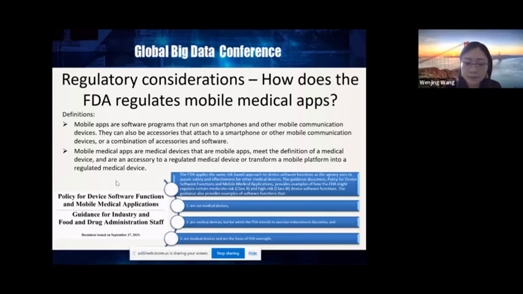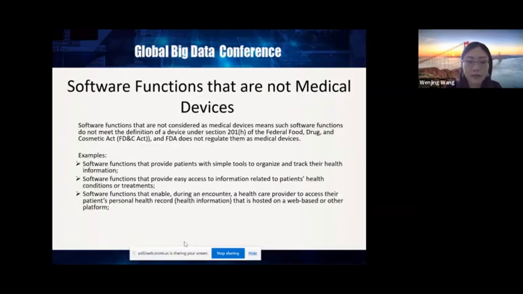Based on that, FDA applies different approaches on how they would regulate those products. They could be not medical devices, they could be medical devices but FDA intends to exercise enforcement discretion, or they can be medical devices and also the focus of FDA oversight.